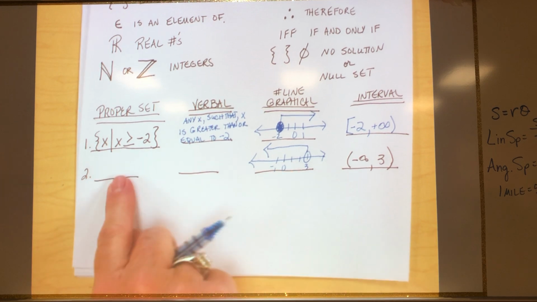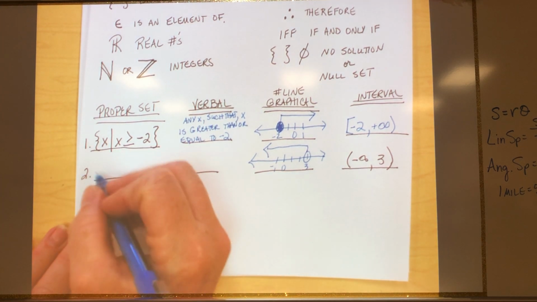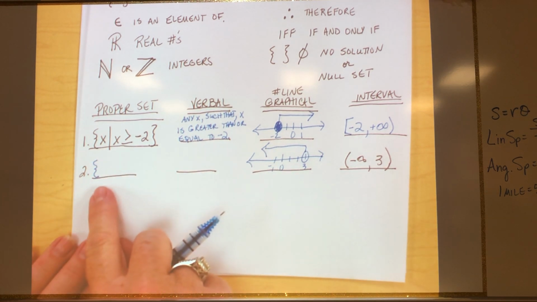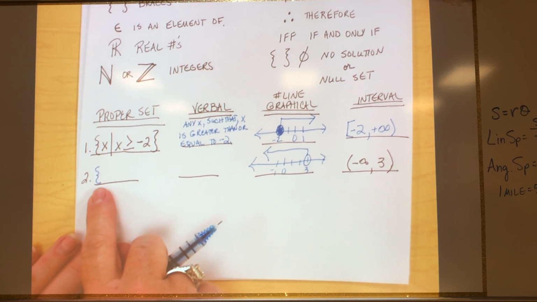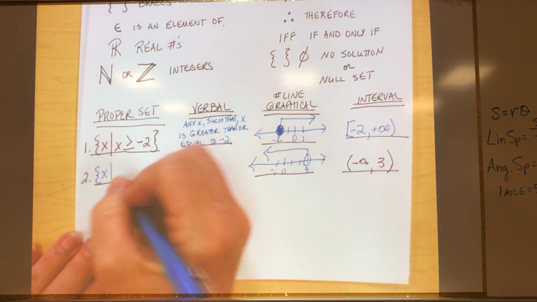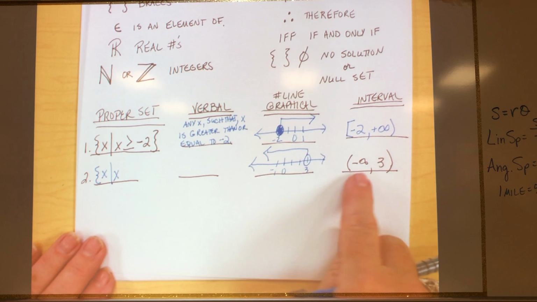Okay? Let's jump over here and put it in proper set notation. What does it start with? A brace. A brace is curly, and a bracket is square. So a brace, my variable x, any x such that x is what? What does this say?